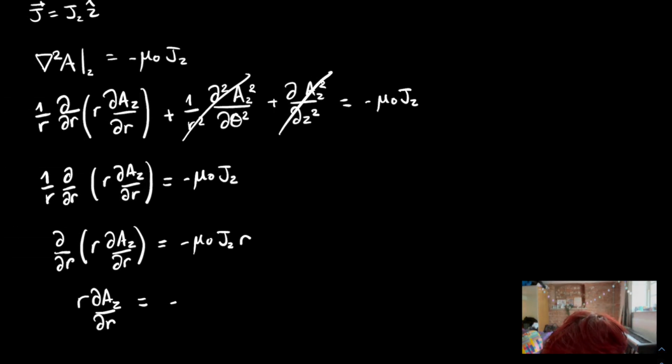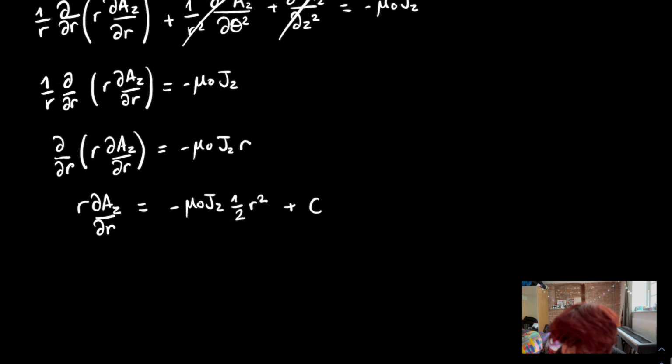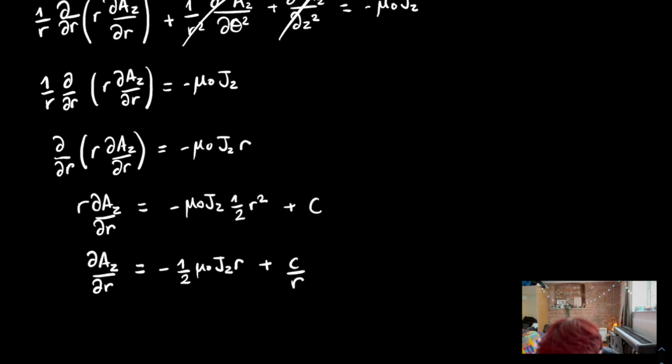And this is going to be equal to minus mu naught jz times the integral of r dr. Now, of course, this is an indefinite integral. But when we do that, we're just going to get 1/2 times r squared plus a constant term right here. So that's our first integration, and now we can divide both sides by r to remove this r on this left-hand side of the equation. So we get this right here.